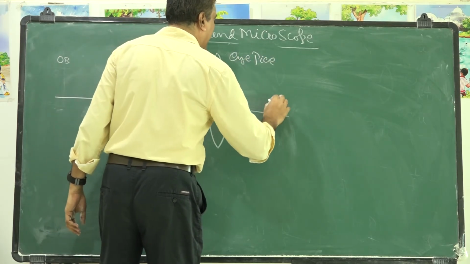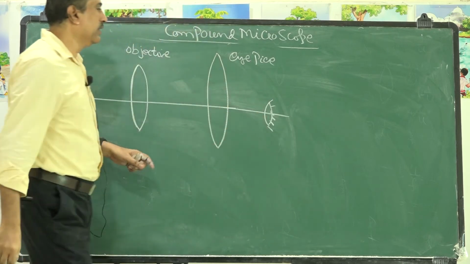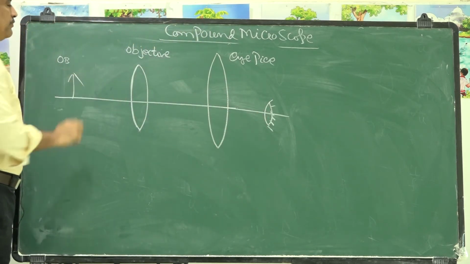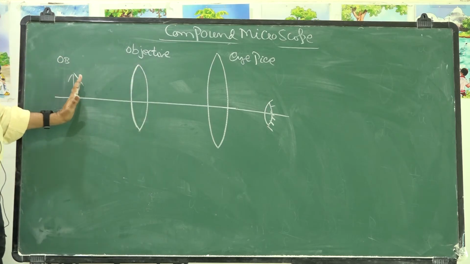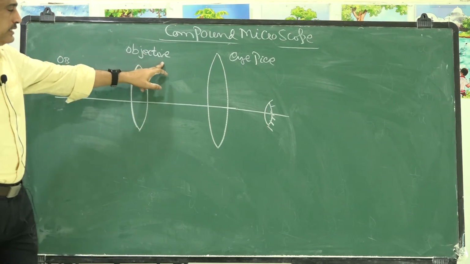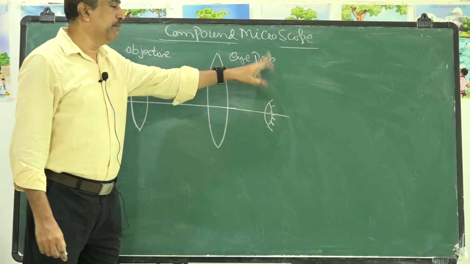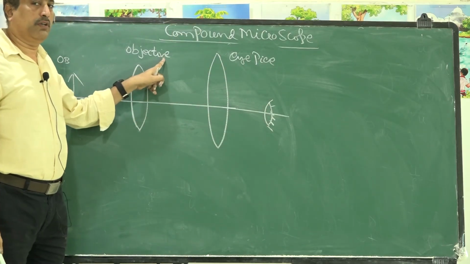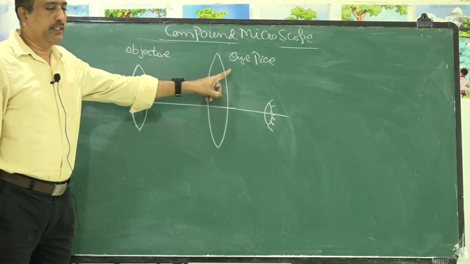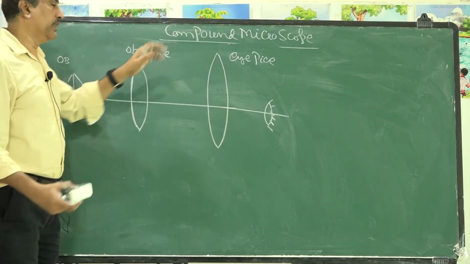Here our eye, and the object. So, the lens which is near the object is called the objective lens, and the one near the eye is called the eyepiece. Okay. And this objective is of shorter focal length and shorter aperture, the eyepiece of larger focal length and larger aperture.